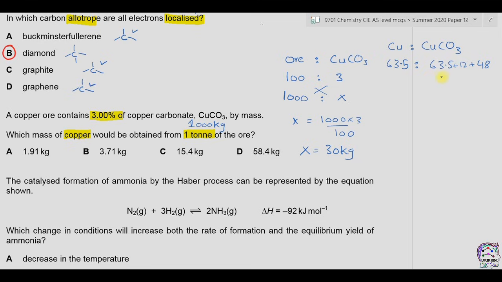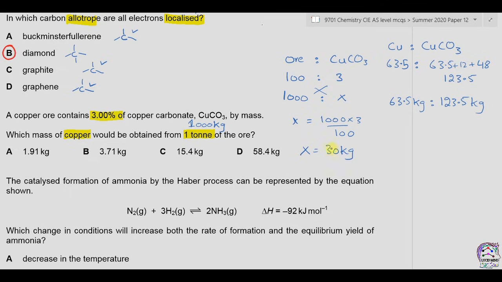So the total is 123.5. So the ratio is 63.5 grams in 123.5 grams of copper carbonate. We can also say that 63.5 kilograms of copper is present in 123.5 kilograms of copper carbonate.